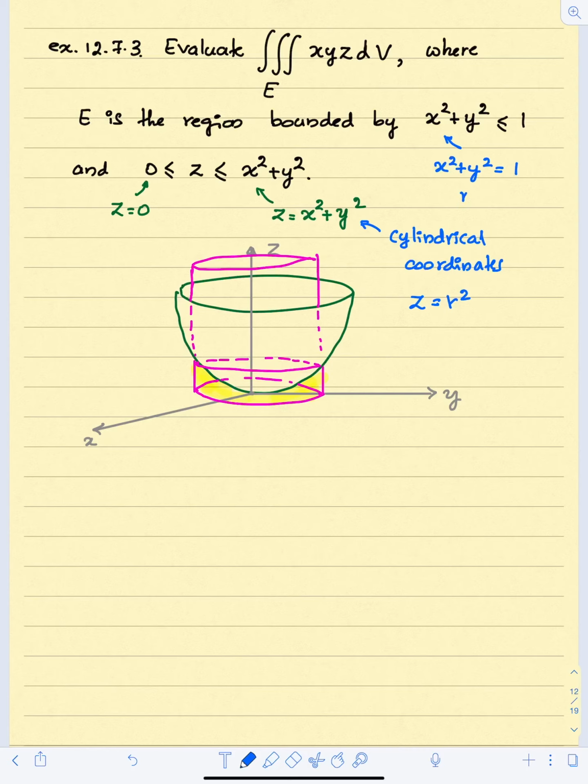So this cylinder is r squared equals 1, therefore r is 1.